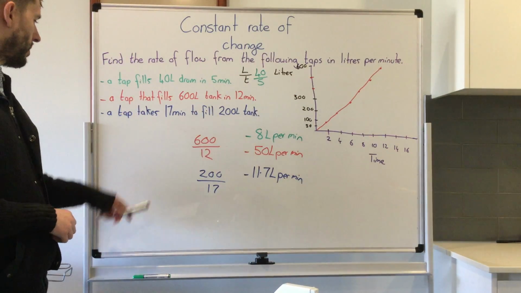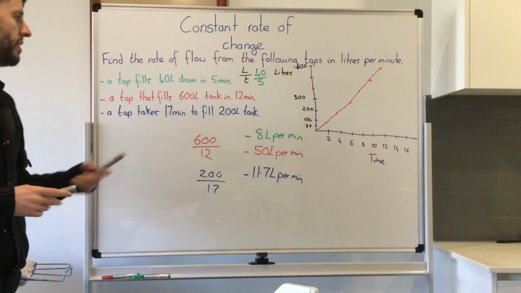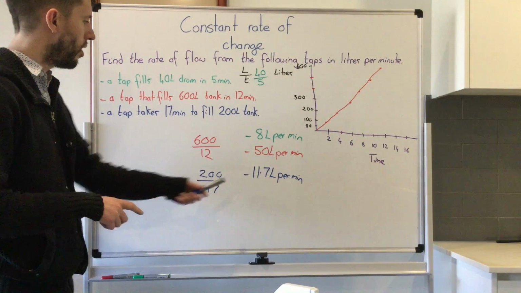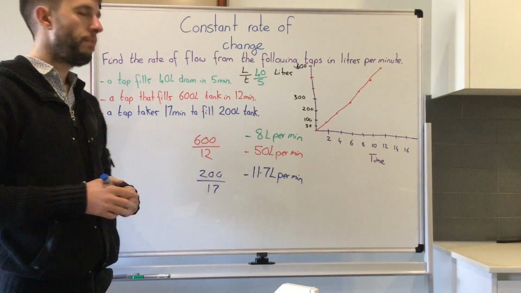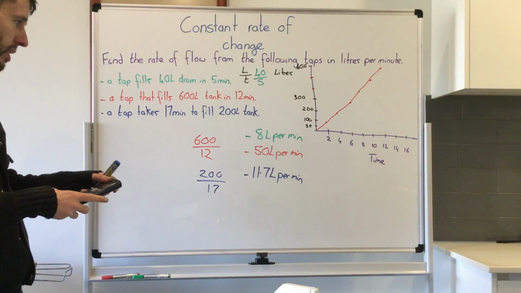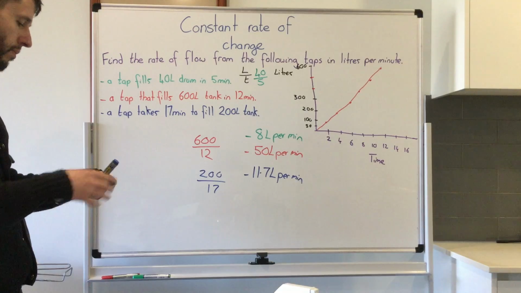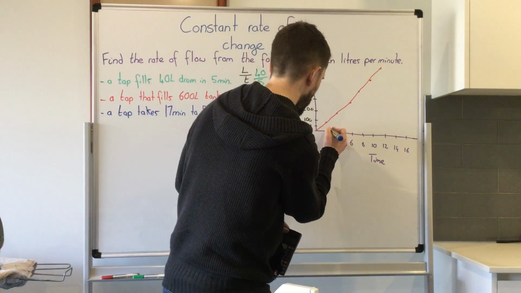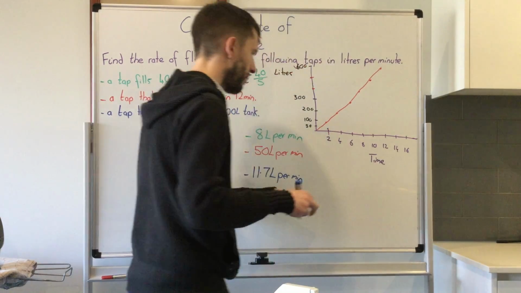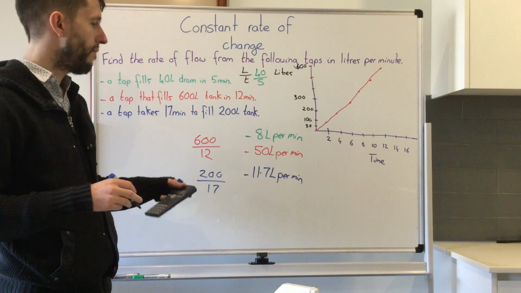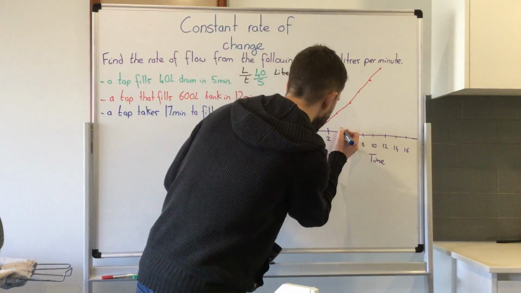If I look at a tap takes 17 minutes to fill 200 litre tank, we know that is 11.7 per minute. So at 2 minutes is 23.4. 23.4 will be here. At 4 minutes, 46.8.